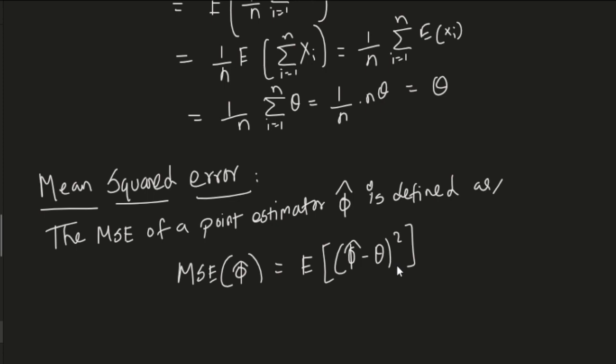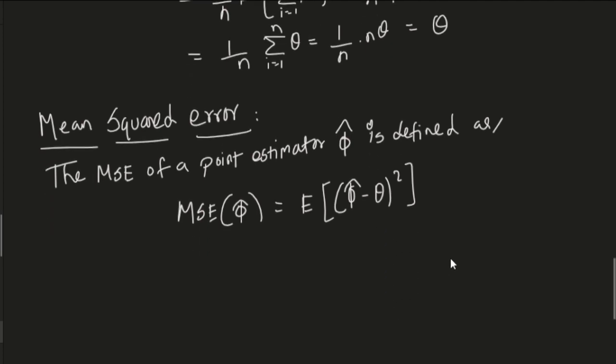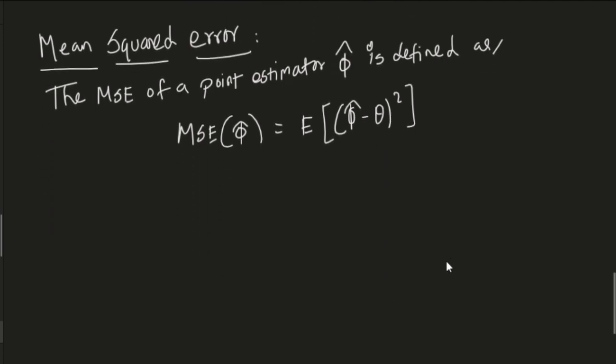And in statistics and probability, when we say mean, we always mean the expected value, because the parameters and everything else can be continuous or discrete random variables, and we need to do integration or summation over that, right? So that is one way.